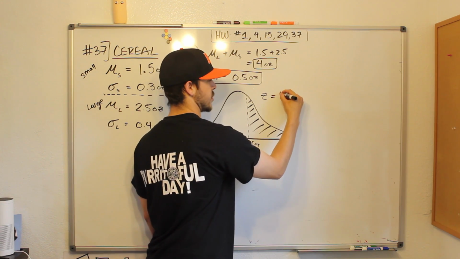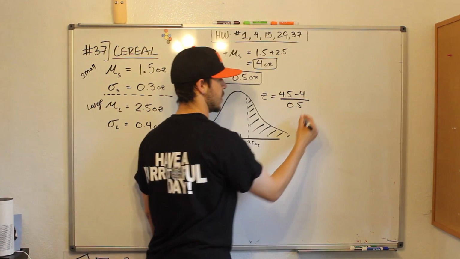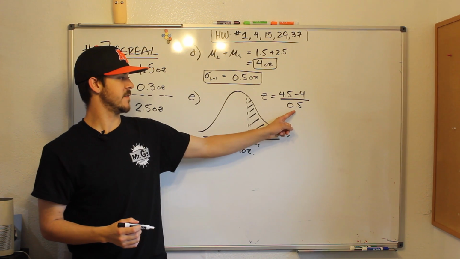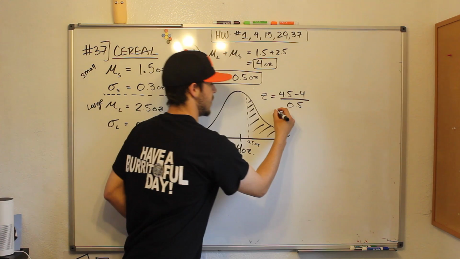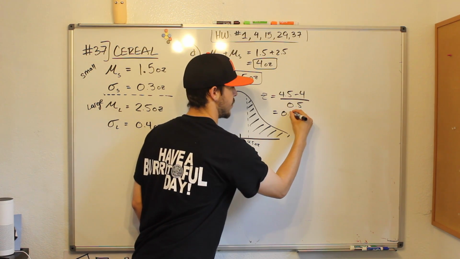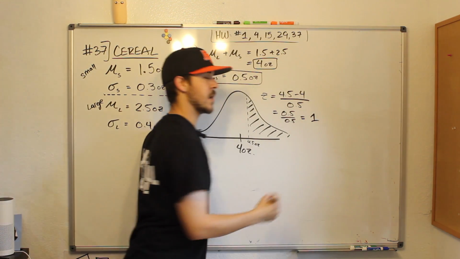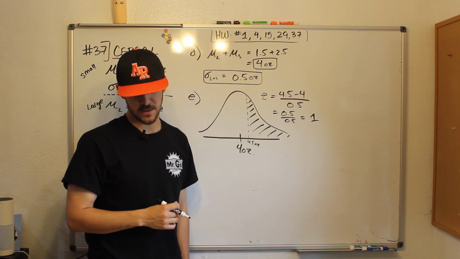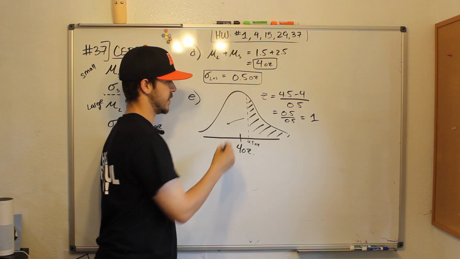The z-score is going to be 4.5 minus 4 over 0.5, taking into account our expected value and our standard deviation, and comparing it with the value that we want. We can simplify that: 0.5 over 0.5, which equals 1. When we use our blue sheet and find this value, we will notice that our blue sheet tells us the value directly below.